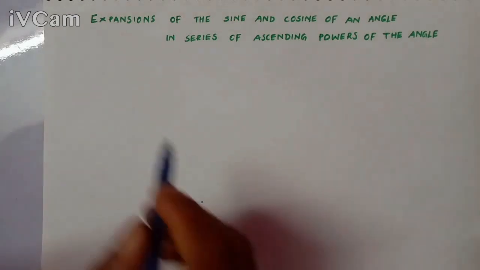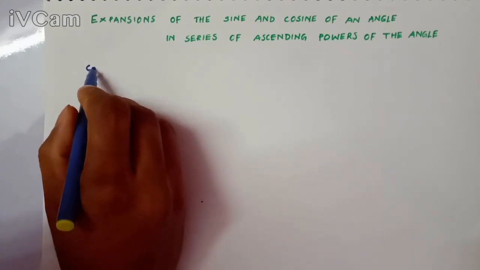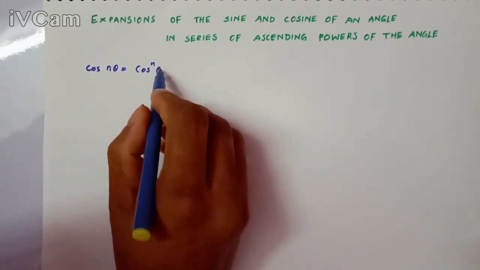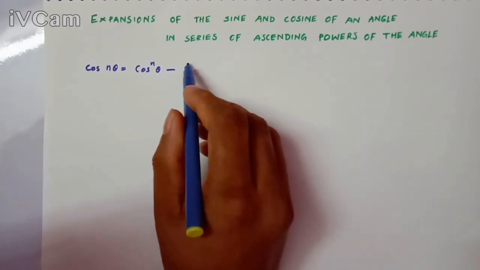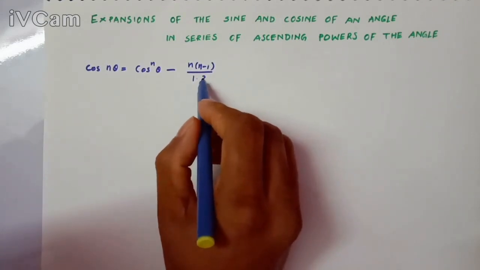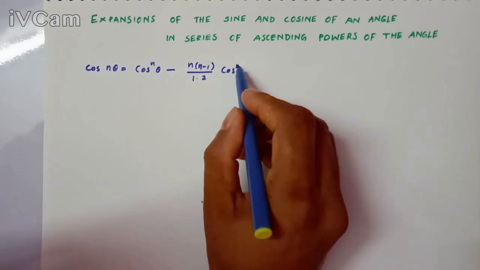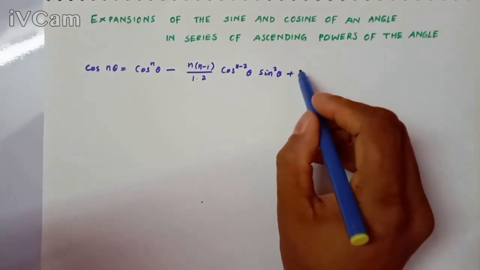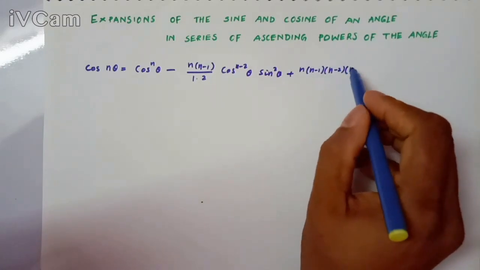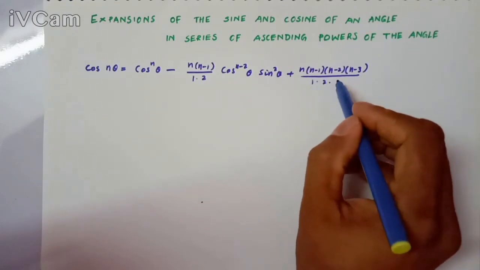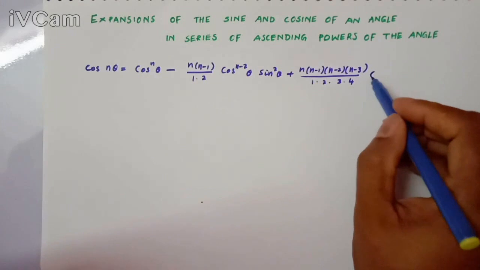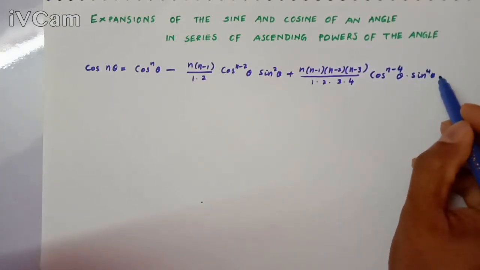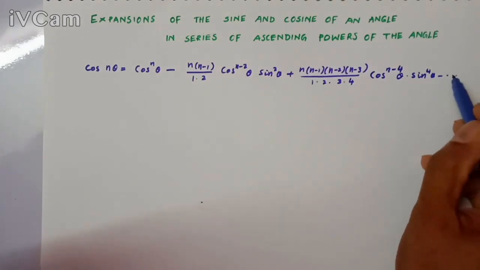Okay. So last day we have proved cos n theta equal to cos raised to n theta minus n times n minus 1 divided by 1 times 2 cos raised to n minus 2 theta sine square theta plus n into n minus 1 into n minus 2 into n minus 3 divided by 1, 2, 3 times 4 cos raised to n minus 4 theta sine raised to 4 theta minus etc. Of course, this has a last term.